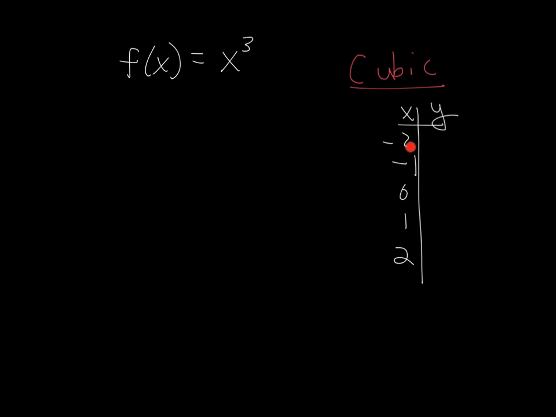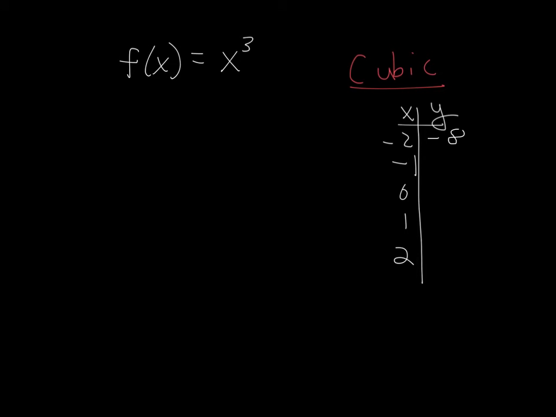So if you take a negative 2, plug it into this function, this cubic function, you're going to do negative 2 times negative 2 times negative 2. That's what third power means. So negative 2 times negative 2 is positive 4. And then 4 times another negative 2 is negative 8. So this is negative 8. Got to get these signs right.